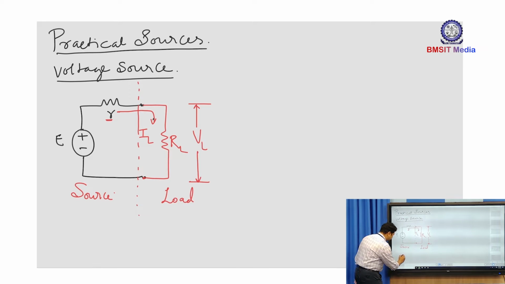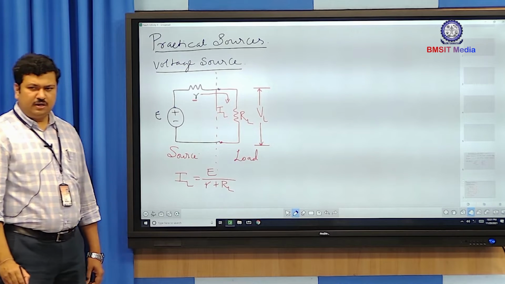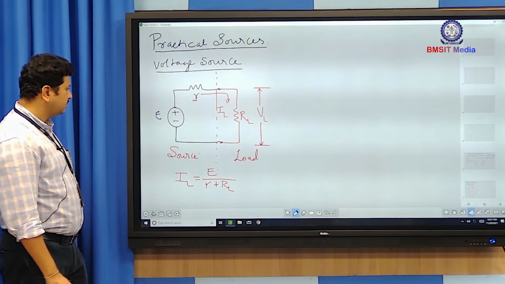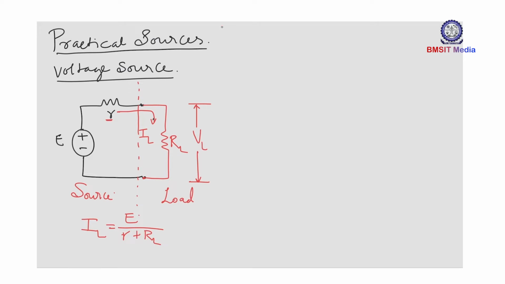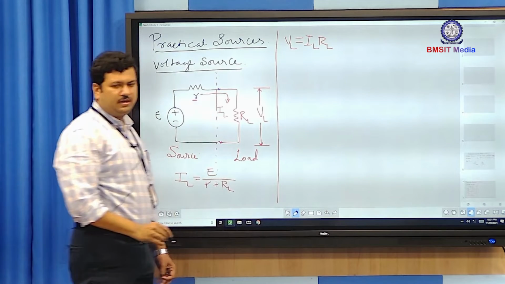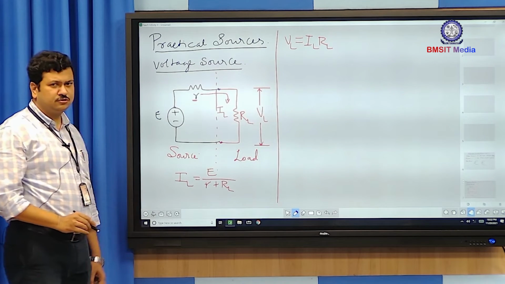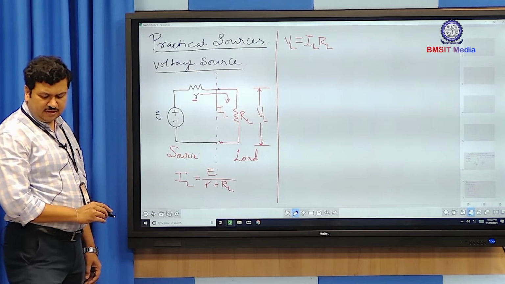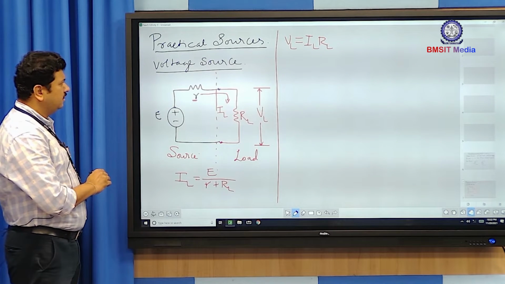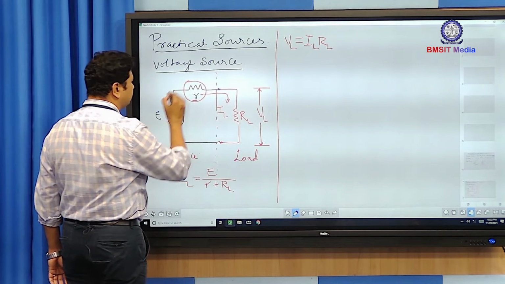IL is given by E divided by R plus RL, and the voltage across the load VL is given by IL into RL. This voltage VL is not equal to the source voltage E, because there exists a small voltage drop across R.